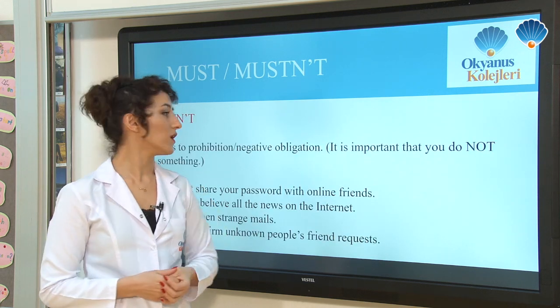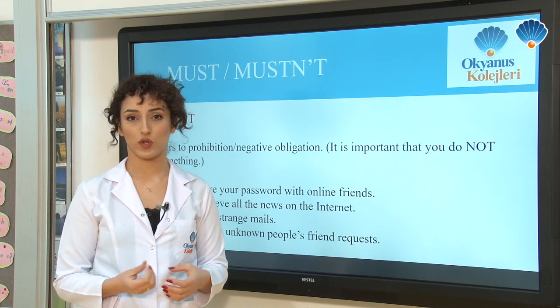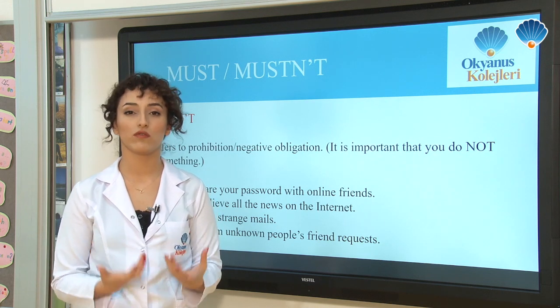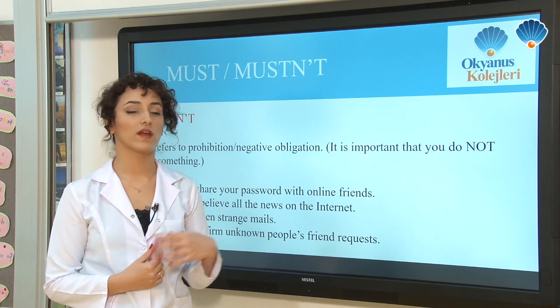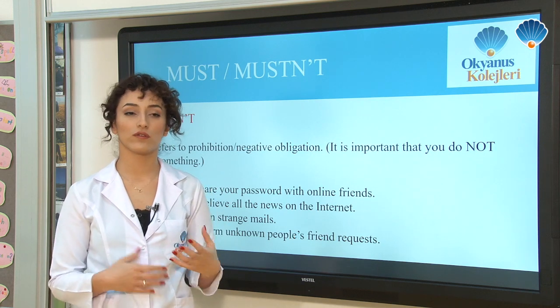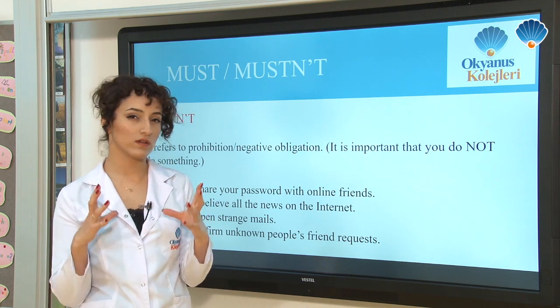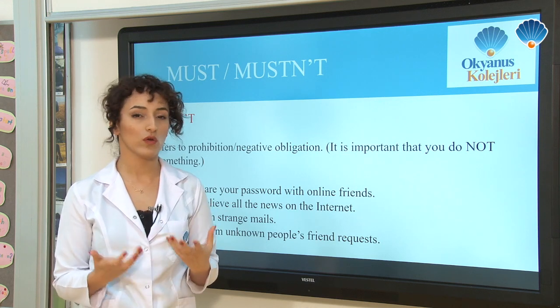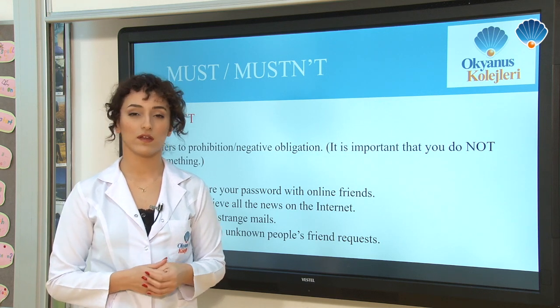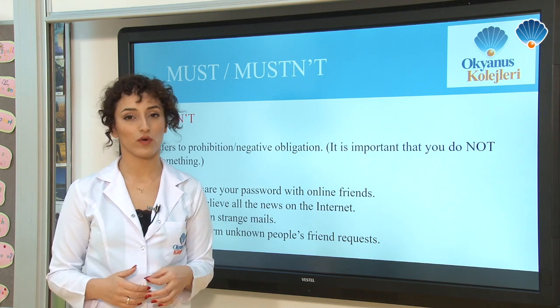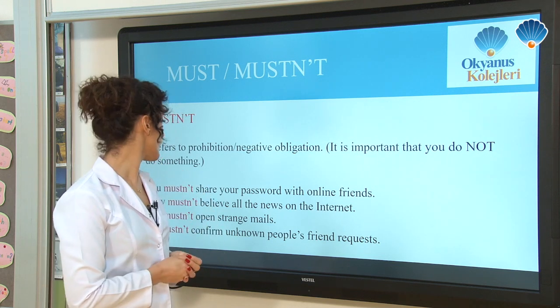And mustn't. It refers to prohibition, forbidden things, forbidden rules. Don't enter the dark room like that. Don't enter the chess room. These are written rules maybe, and maybe you know that you shouldn't do this. That's why you can use mustn't for the prohibitions. Let's look at them.